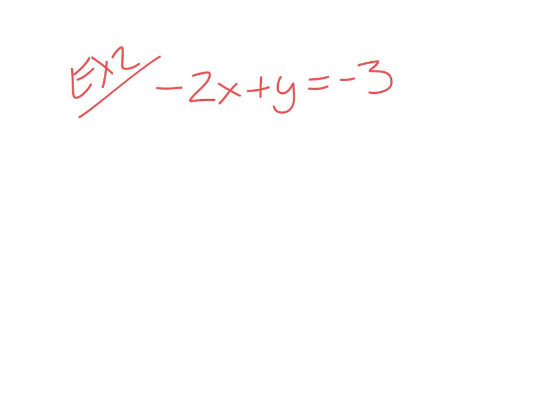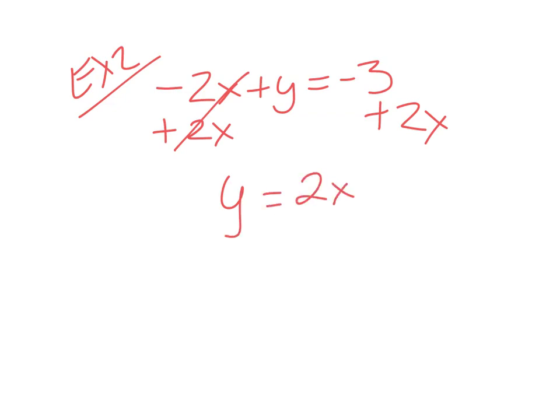So how do I get the y by itself? Move the 2x, right. So it's a negative 2x, so what am I going to do? Plus. Yep, I'm going to add 2x to both sides. So then I get y equals 2x minus 3. Now I can graph that.